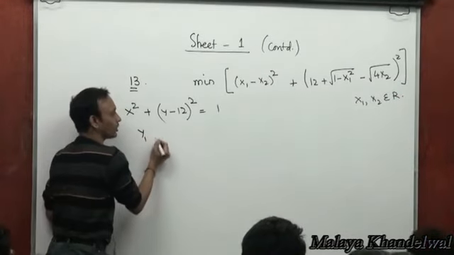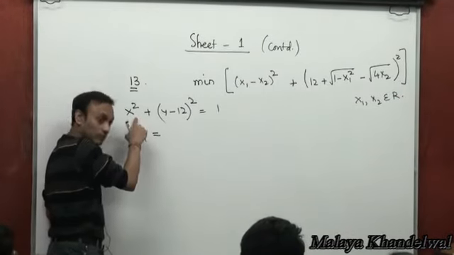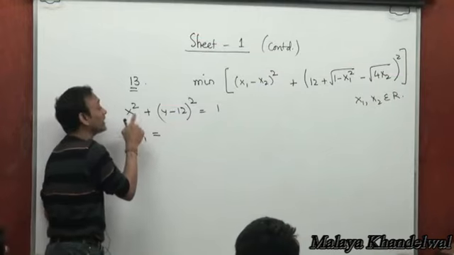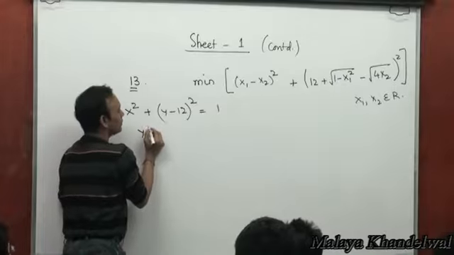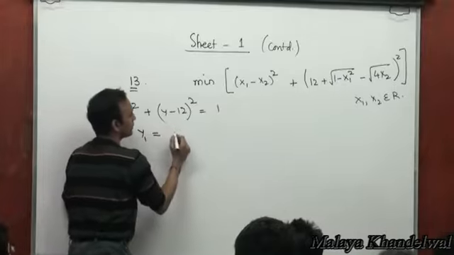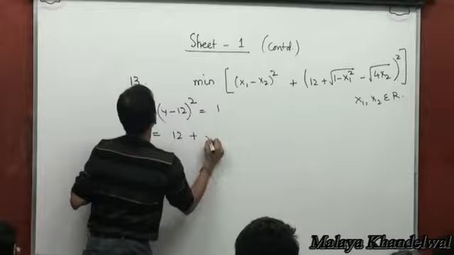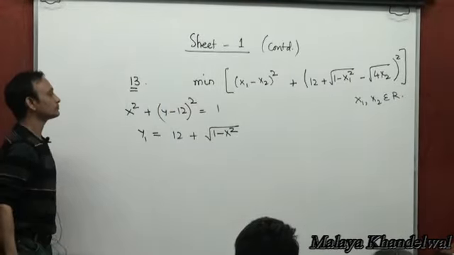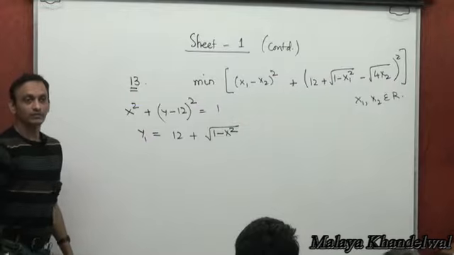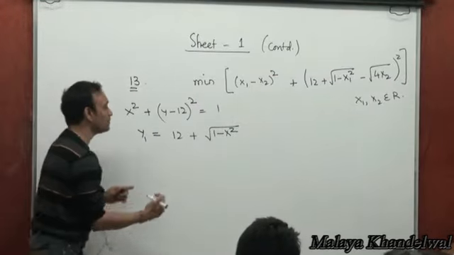Any y on the circle, call it y1. For a given x1, any y on the circle would be such that y1 is 12 plus root 1 minus x squared. That would be any y1 on the circle, for example.